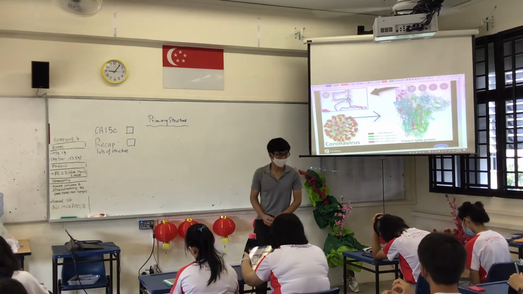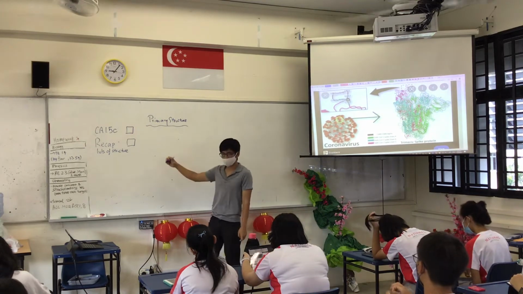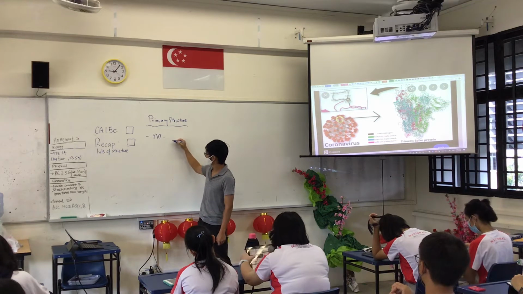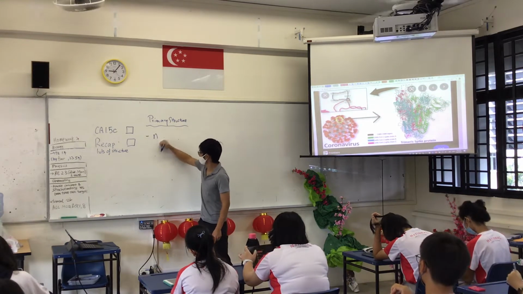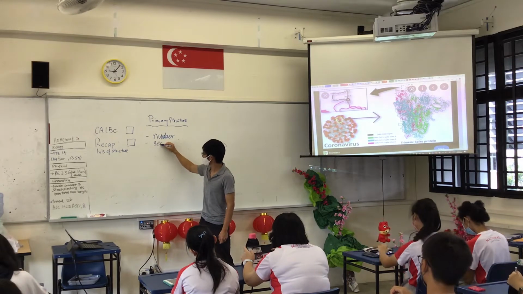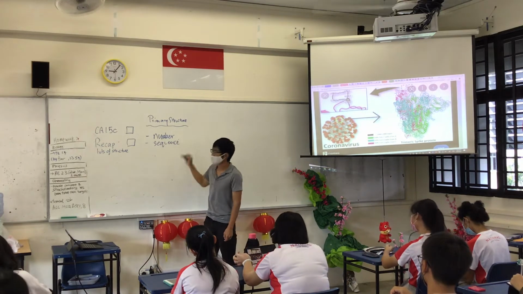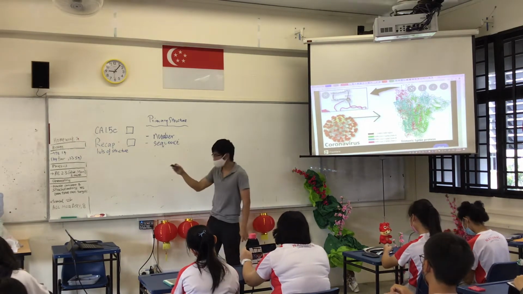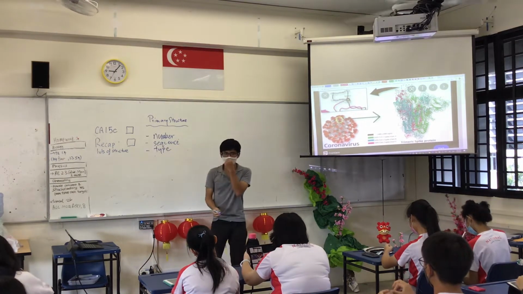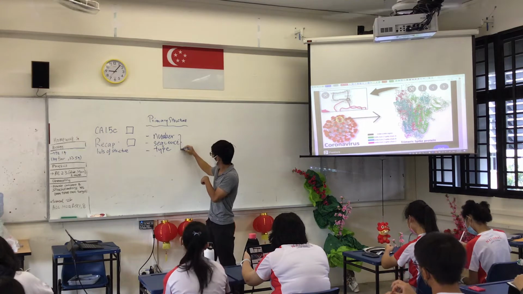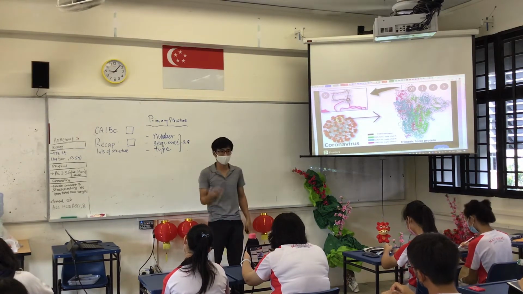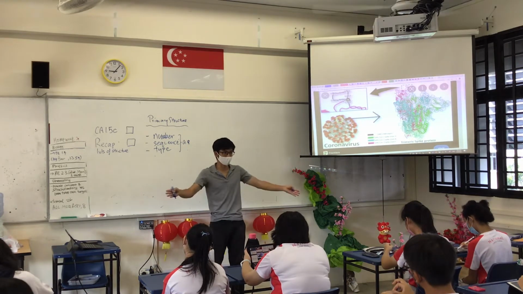Okay, so thank you. Primary structure is simply describing the number, sequence of the amino acids. And perhaps you can include also one more layer, the type. At the end of the day, the number, sequence, and type of amino acids determines the protein's primary structure.